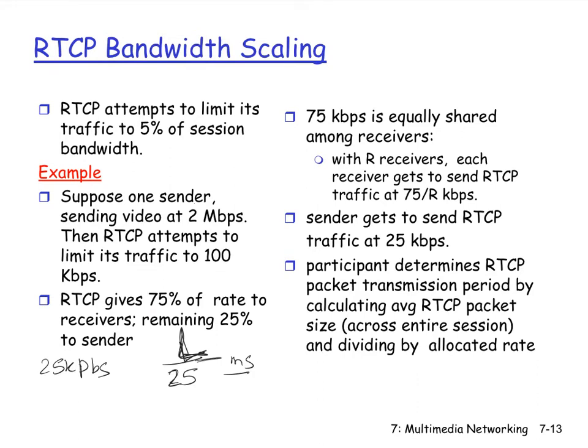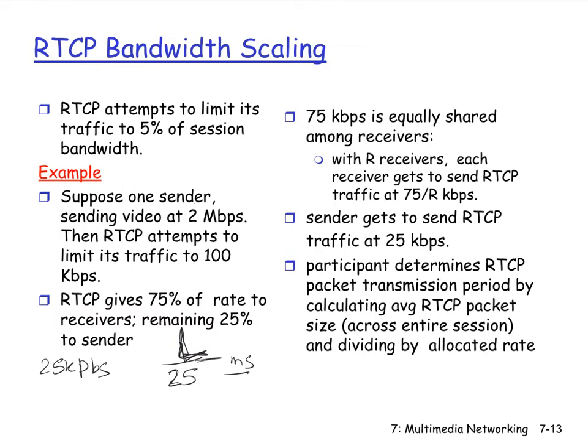Again, why is it 25%? This is given. 25% is the typical percentage of the sender report versus the receiver report. And why is it not 50-50? Well, for the case of one sender and one receiver, it might be 50-50.